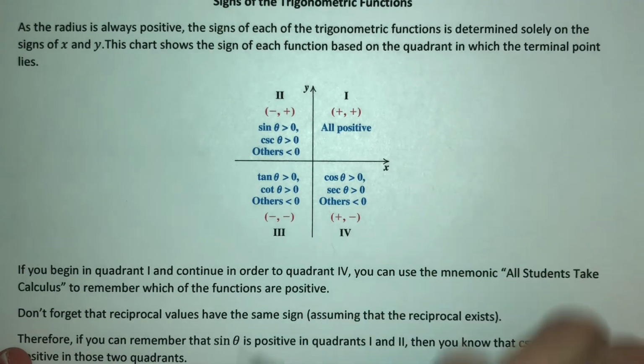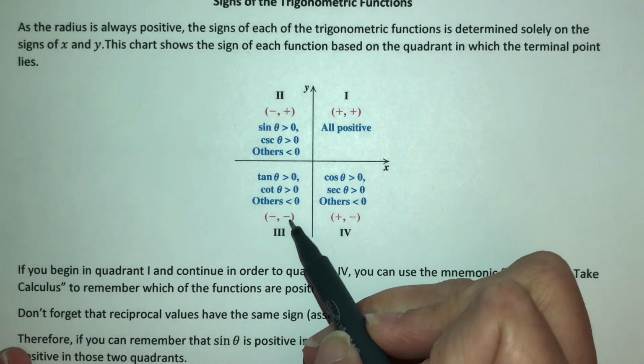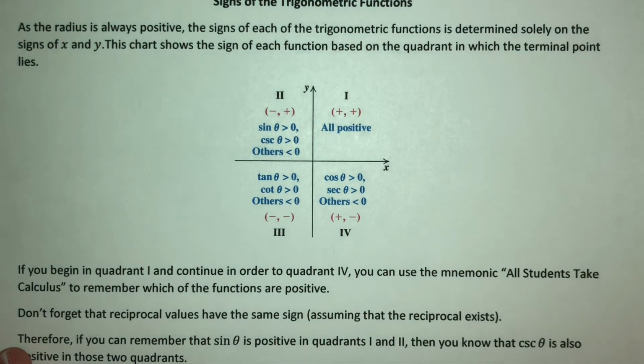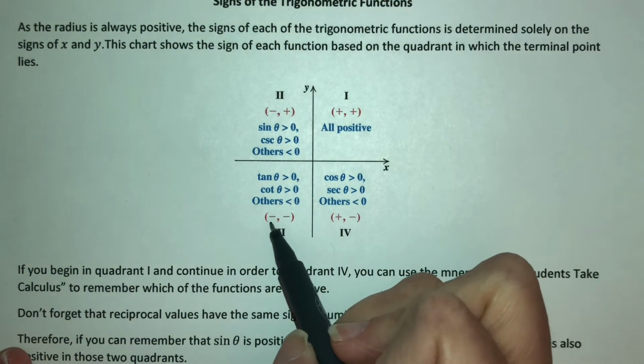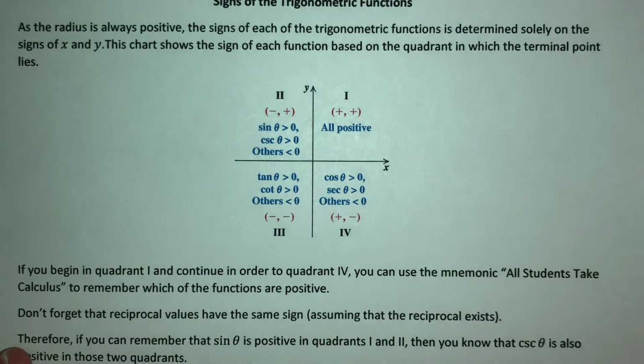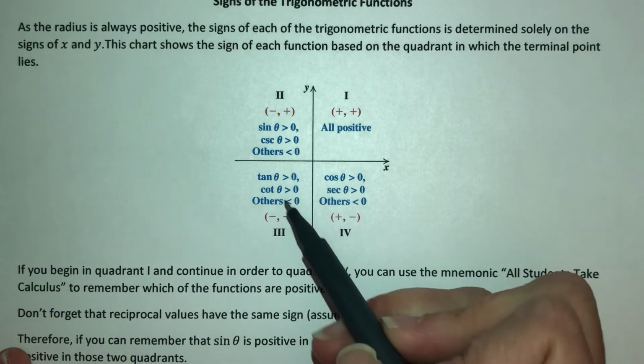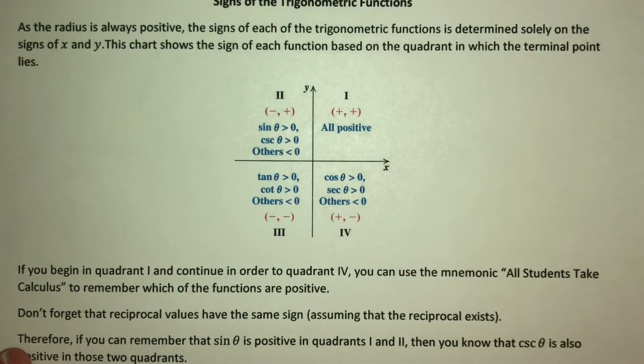So sine, cosecant involve using a negative value, so they're going to be negative. Cosine and secant involve an x value, so it's going to be negative. But tangent and cotangent use both x and y, and since they will be dividing, you end up with a positive answer. So in this quadrant, tangent and cotangent are positive, and those are the only ones.